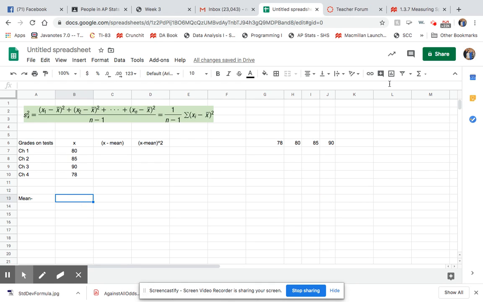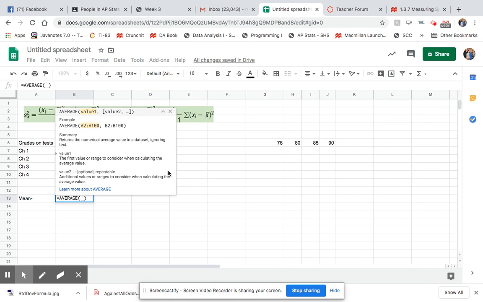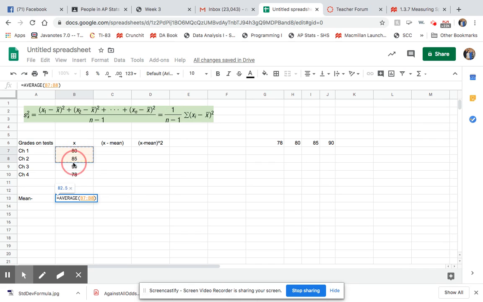So down here, I'm going to hit my little button, say average. I can just highlight those numbers that I want to average and hit enter. Okay, so my average test score was 83.25.